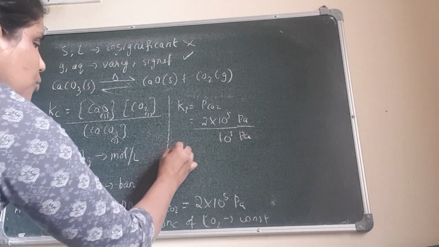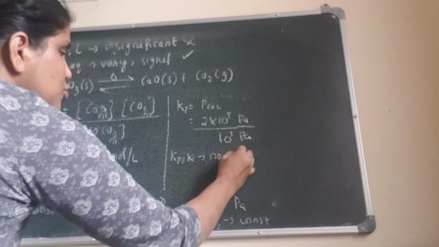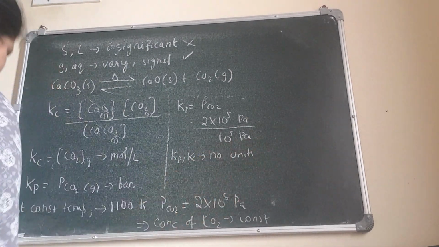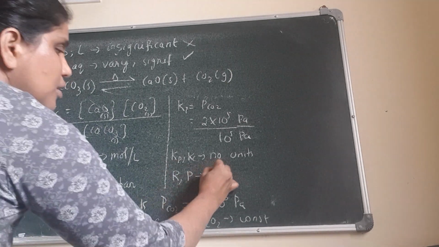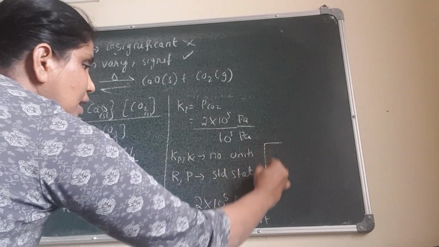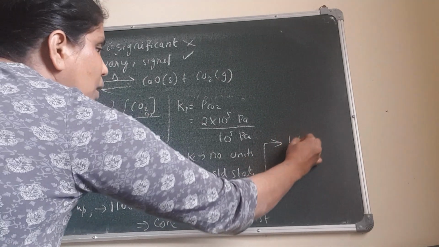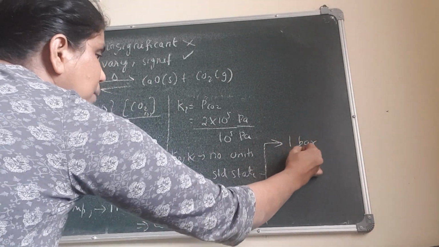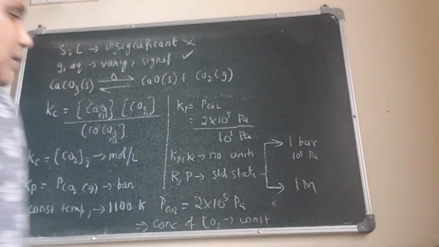So if you want Kp or Kc to be dimensionless, that is no units, we have to consider that the reactants and products should be in their standard state. And when I say standard state, what do I mean by that? The pressure is 1 bar or 10 power 5 Pascal, and concentration will be 1 molar.